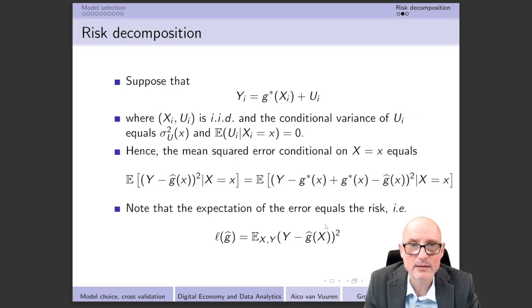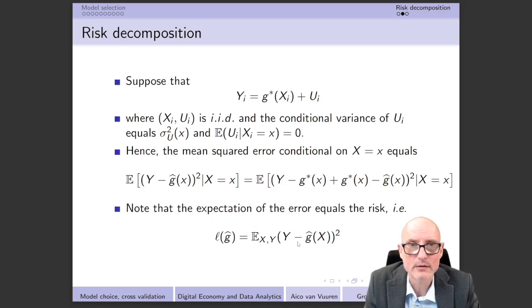This looks a lot like that, with the main difference that here we condition on the value of x and there we don't. So that's a big difference between the theoretical risk and this mean squared error conditional on x equal to x. But let's first look at this thing and ask ourselves how the left-hand side could be related to our theoretical risk.